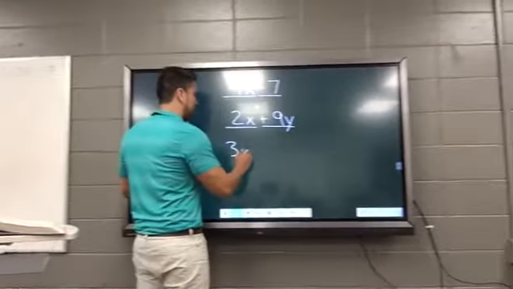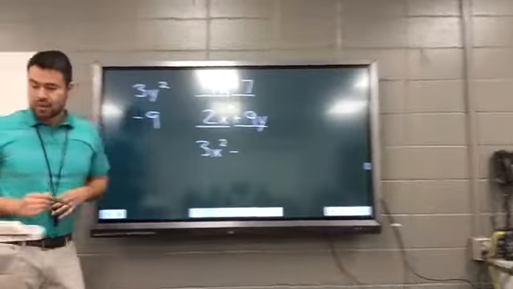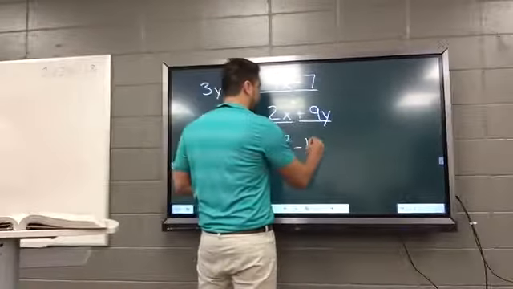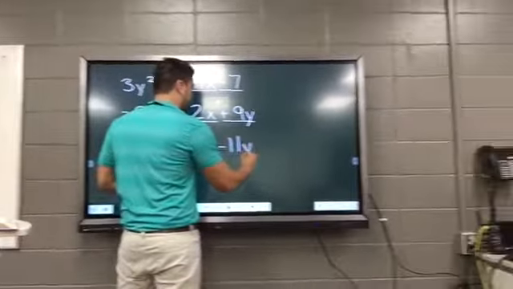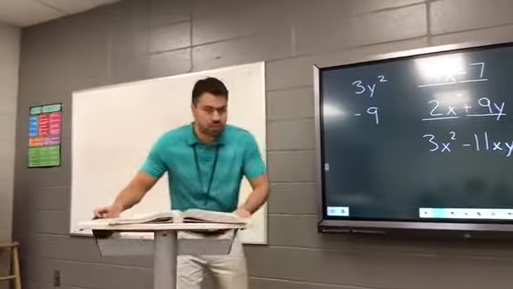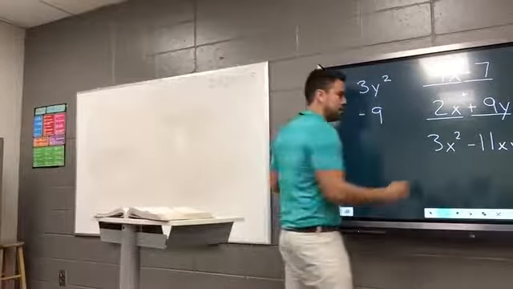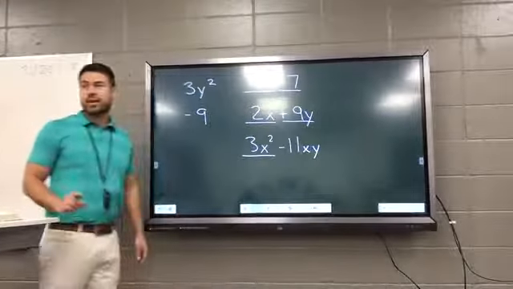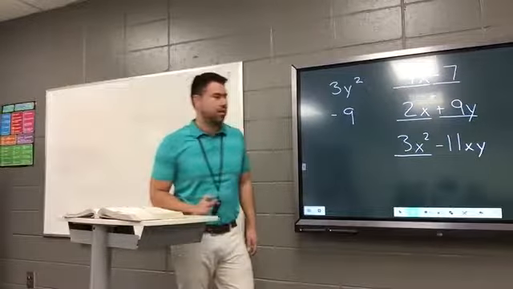Okay, next one. 3x squared minus 11xy. Okay, somebody give me the first term. Autumn? What's the first term in this one? 3x squared. Positive 3x squared. Second term, Lucy?